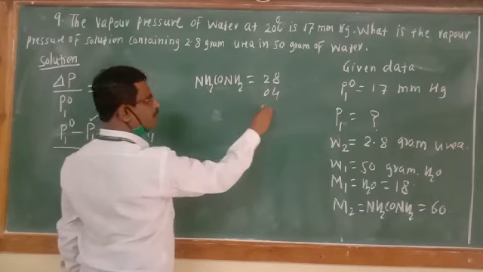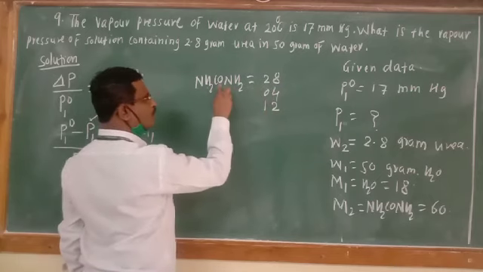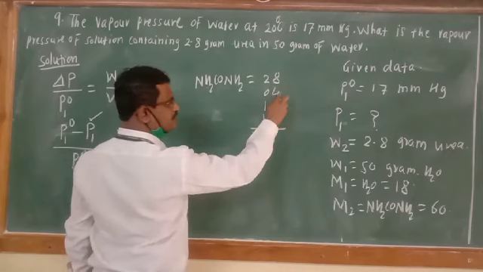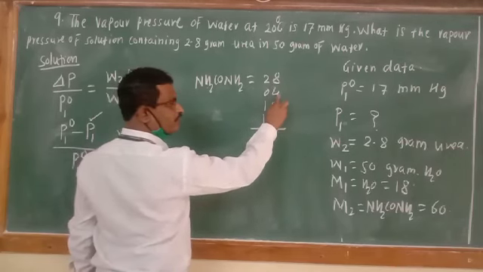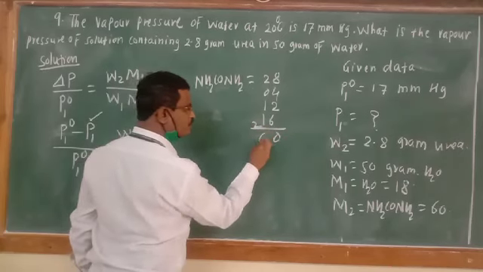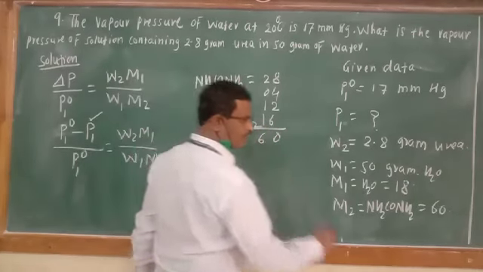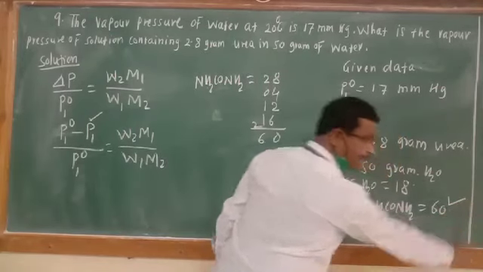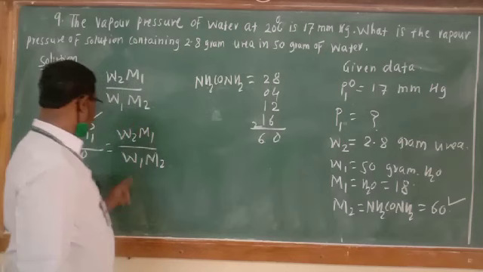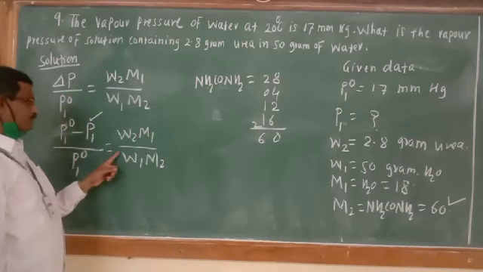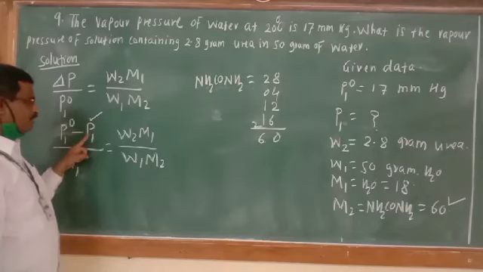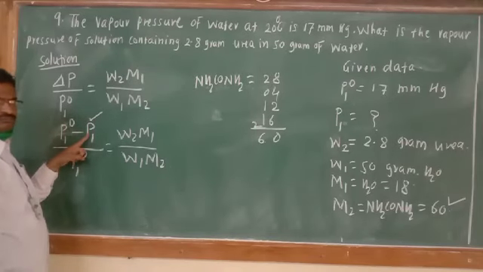Then 1 carbon, 12. 1 oxygen, 16. 28 plus 4 is 32, plus 12 is 44, plus 16 is 60. So this will be equal to 60. Therefore, molar mass of urea, the solute, is equal to 60. Now all these 4 facts we know. P1° also we know. We can calculate the value of P1.